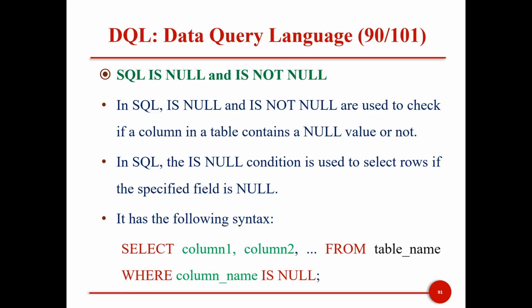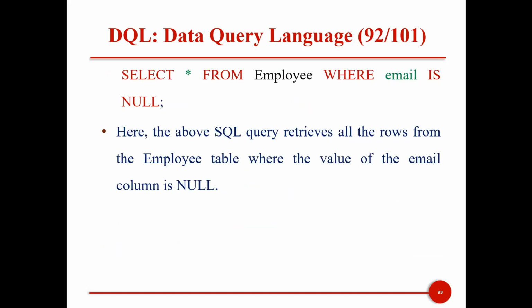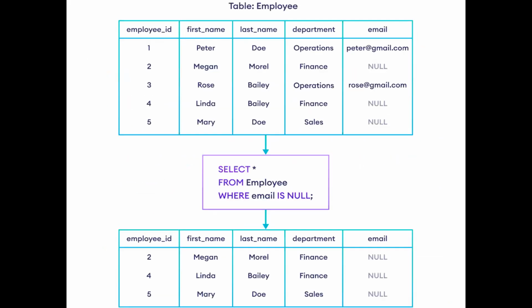So the syntax is: select columns from table where column name is null. For example, you can see here, in this table called employee, we have employee ID, first name, last name, the department, and email. Employee 2's email is null, and employee 4 and 5, their emails are null.